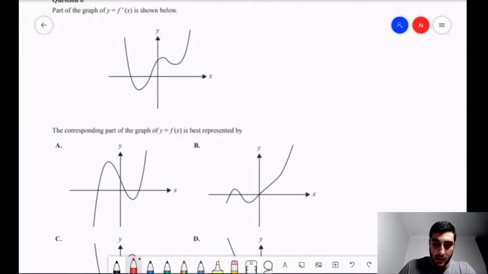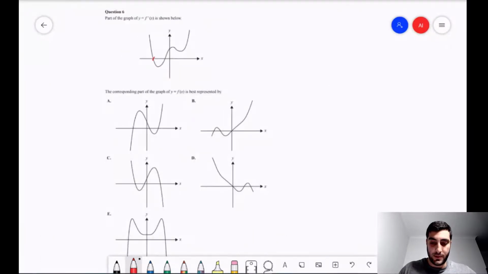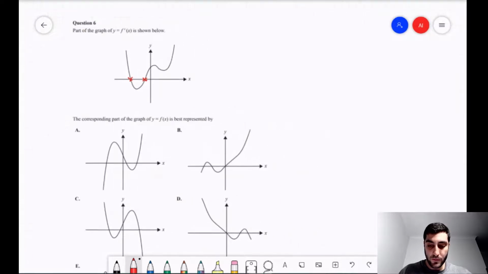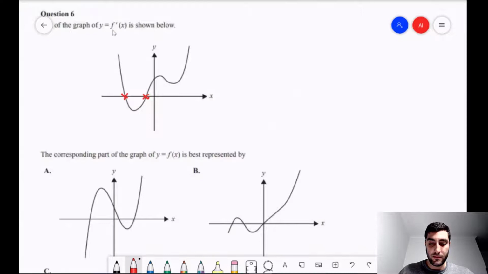So I like to start with these 2 points here. Here and here. So we know at these 2 points, the derivative is equal to 0, right? We've got x-intercepts, so the derivative is equal to 0. And we know when the derivative is equal to 0, that translates to local minimums or local maximums.